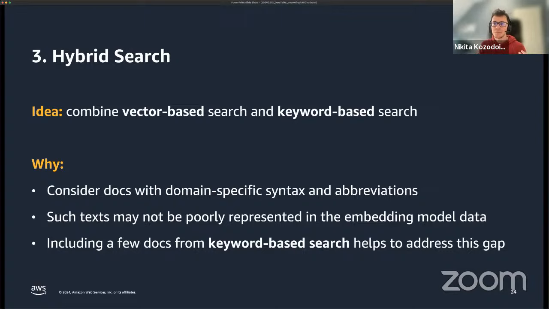If our embedding model that we use to convert our user queries to embedding values has not been trained on data with such abbreviations, such terms, it will be very hard for it to come up with a meaningful vector value for those terms. It will, of course, create some kind of value, but it will not be able to match those values very well with what is contained in the other documents.